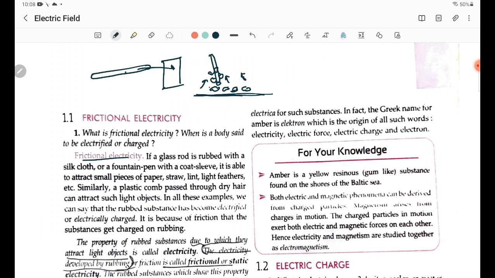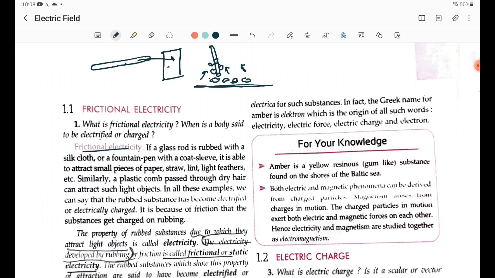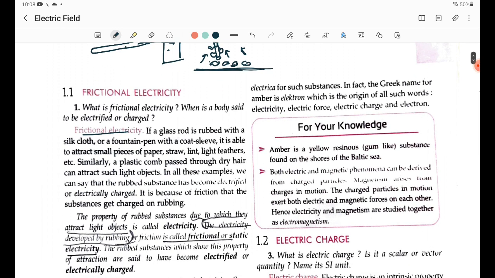Because it has become electrified or electrically charged. This is due to rubbing with the silk cloth, that is, due to friction, so it is called frictional or static electricity. Is this very much clear?